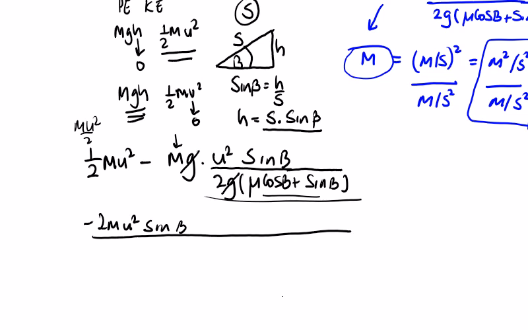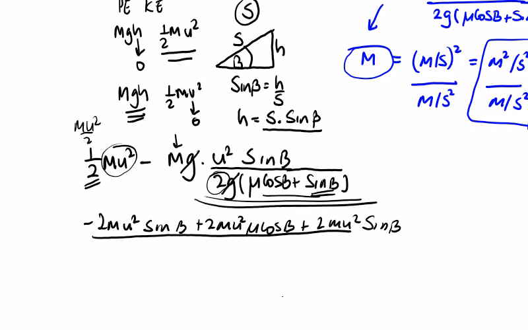So then we're going to have 2 u squared. Actually, I'll remove the bracket, so it's this 2 by the u squared, and that's going to be by mu cos beta. Then we're going to have plus 2 u squared by sine beta, and that's all going to be over the 2 on the bottom by this whole denominator here. So 4 times mu cos beta plus sine beta.